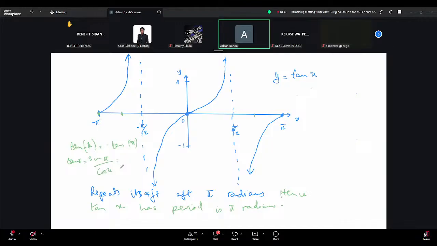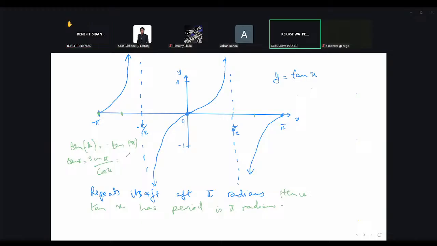Yes, so what is the sine of pi in this case? The sine of pi is 0. And what is the cosine of pi? It's 1. Right, so this is why we have this equal to 0. So the tangent of pi is equal to 0. And in the same way, the tangent of negative pi is equal to 0, because you just get the negative of 0, which is just 0. Does that help you, Benefit? Yes, sir. Thank you very much.